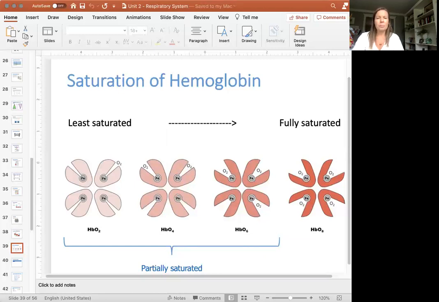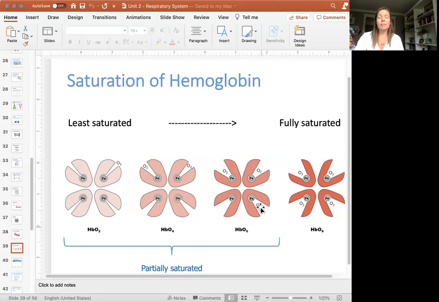When each of the heme groups on hemoglobin is attached to an oxygen molecule, so if you have 4 heme groups, there would be 4 oxygen molecules on that hemoglobin, so every heme group is connected to an oxygen molecule, then this hemoglobin is said to be fully saturated. It is holding as many oxygen molecules as possible. The maximum number is 4.